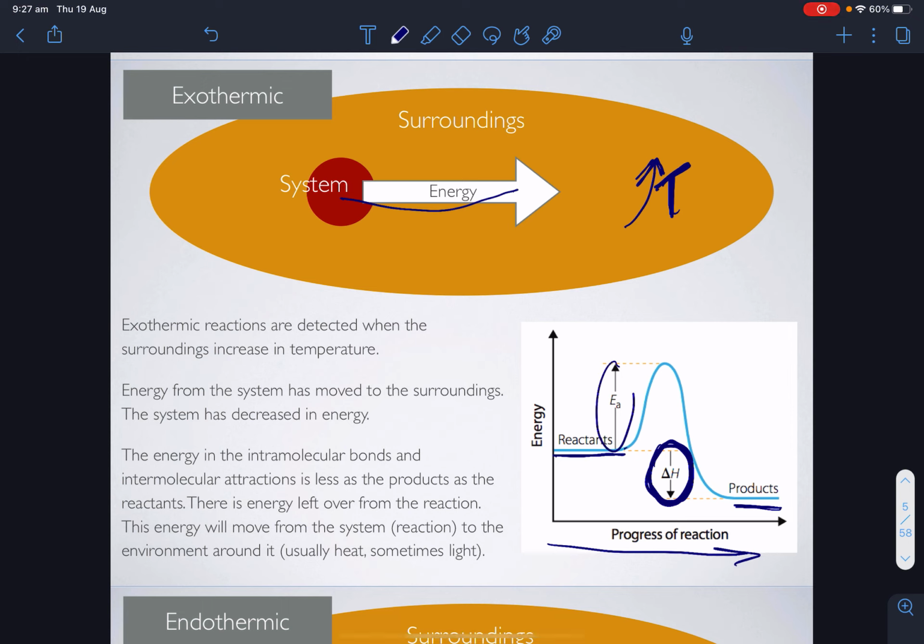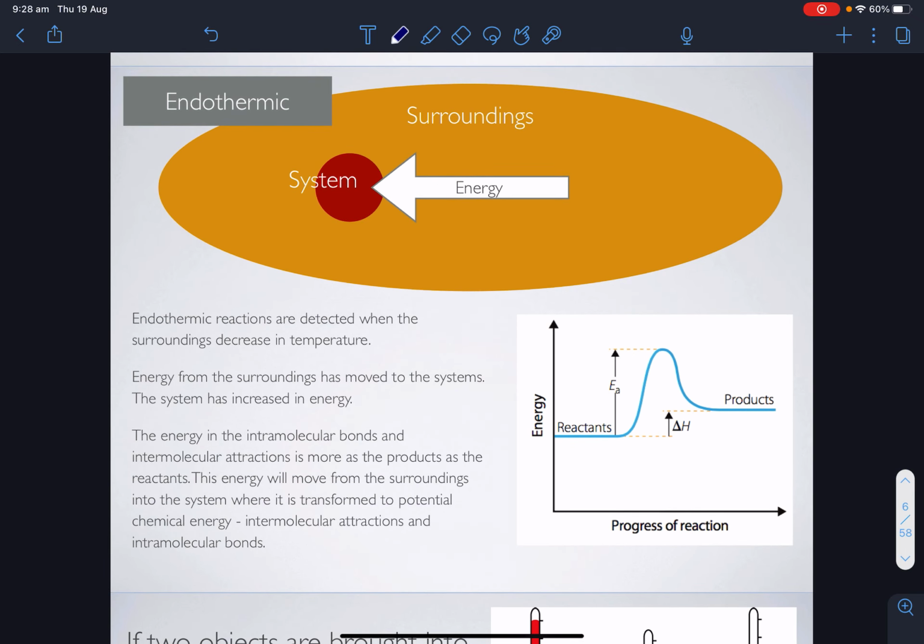There's also this activation energy, and remember we talked about how to change that, but here we're focusing on this thing here, and we'll talk more about these symbols in a second. The energy that's left over that is coming into the environment is usually heat, sometimes light, okay? That energy that has come out is the difference in the bond energies between the reactants and the products.